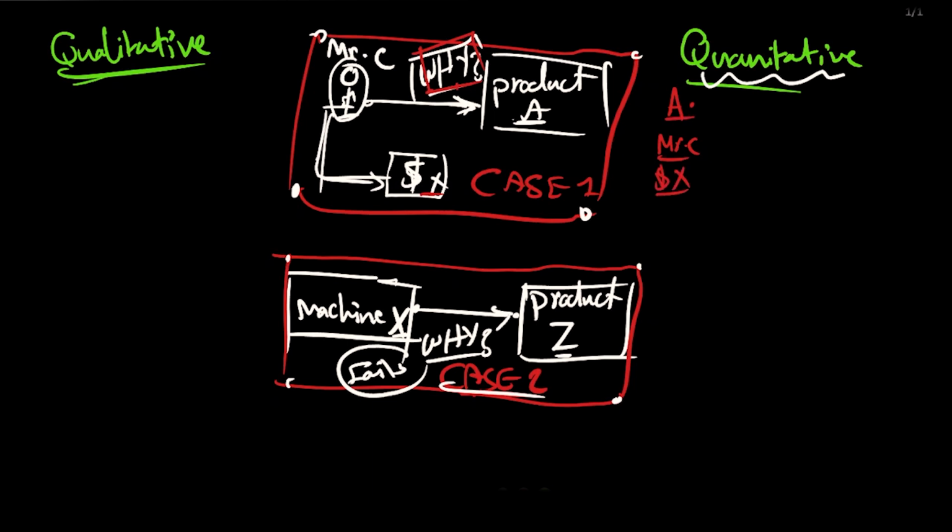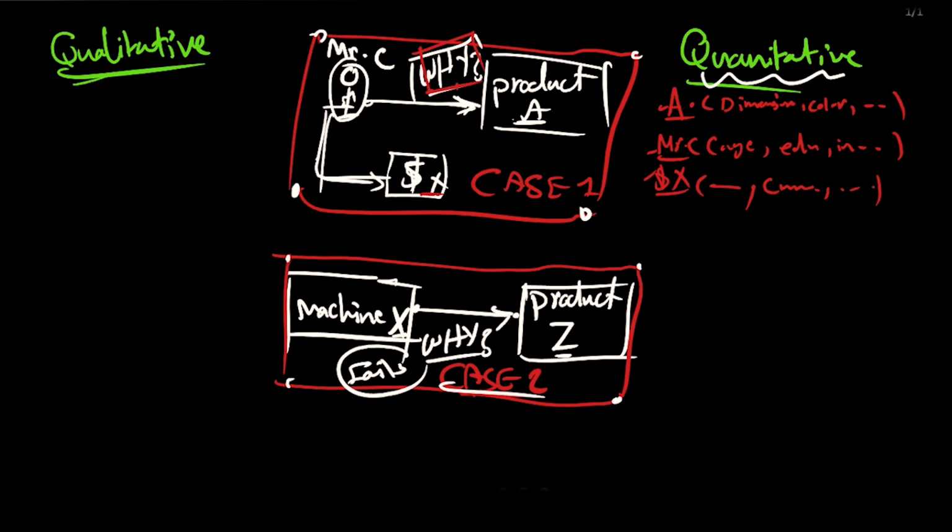Second, we create some kind of variable to define each one of those elements. For example, to define the product, the product has dimension, color, and some other attributes. Mr. C has age, education background, interests, hobbies, etc. The amount, for example, has some other attribute you may choose later.